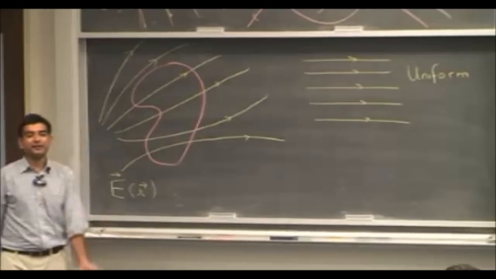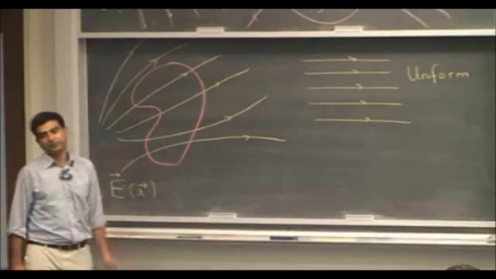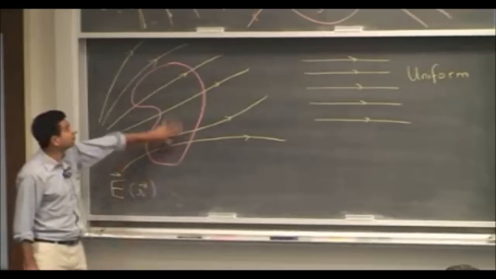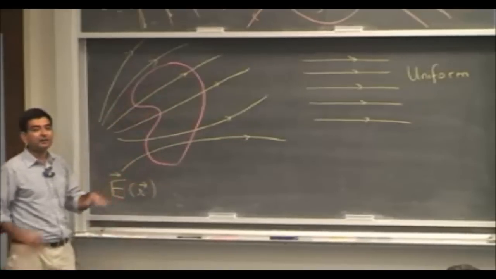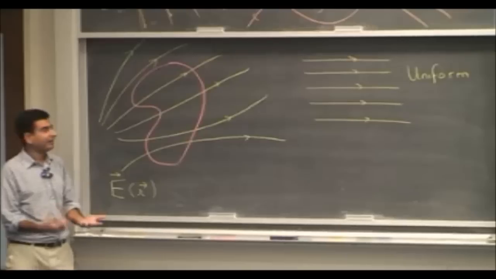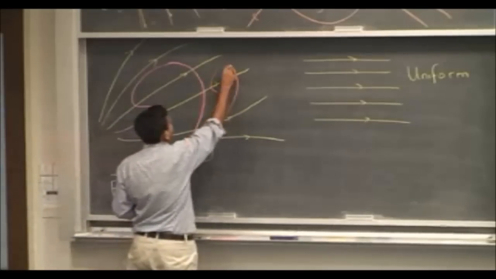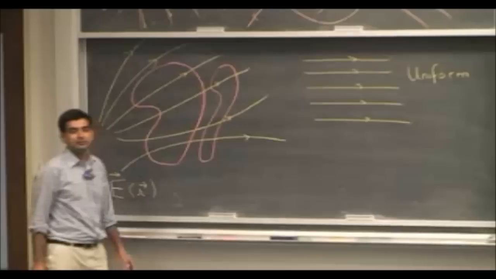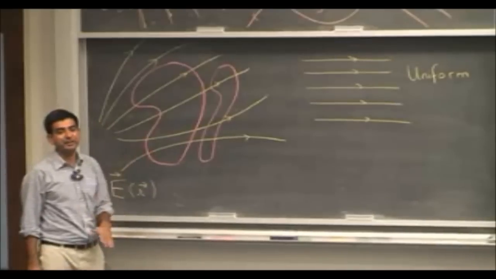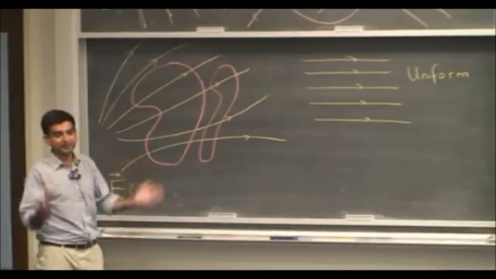Now the question I would like to ask is, how many field lines pierce through this surface? This surface could be closed. A closed surface has an inside and an outside. It can also be a plane, like a sheet of rubber, a piece of paper that doesn't have an inside and an outside. It's two-dimensional.